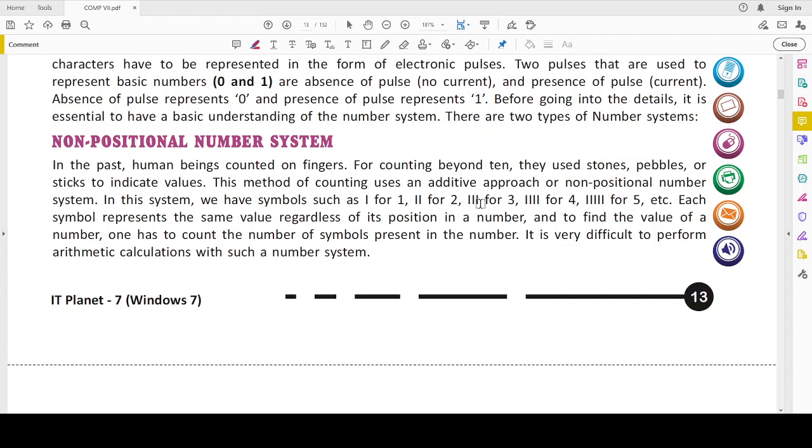You are counting the number of sticks to determine the value of the whole representation as 3. Each and every stick has a value 1. There is no other value than 1. So it is a non-positional number system. It is very difficult to perform arithmetic calculations with such a number system.